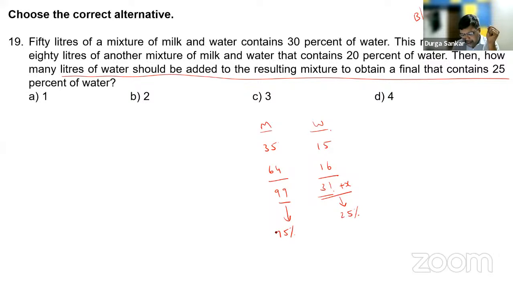So if 75% is 99, then 25% is 1/3 of it, that is 33 liters, which is equal to 31 plus X. So X is 2 liters. It means I need to add 2 liters of water.